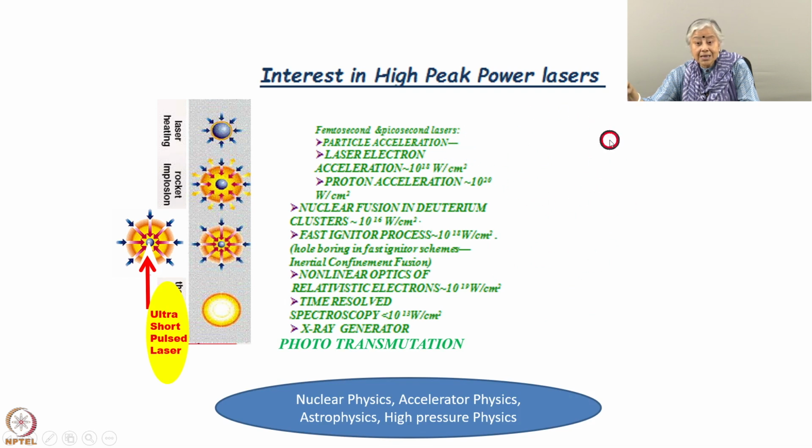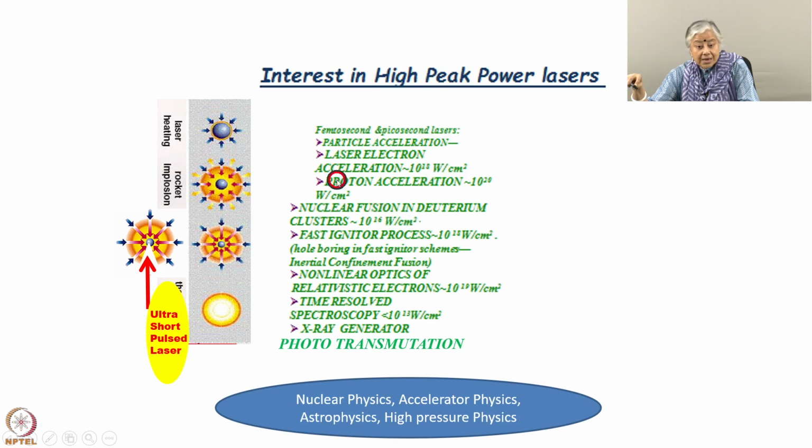Okay, it's a particle accelerator. You can do it in a small, tiny little space in your lab. That has been shown. Particle acceleration takes place with high peak power lasers, ultra short pulse lasers.